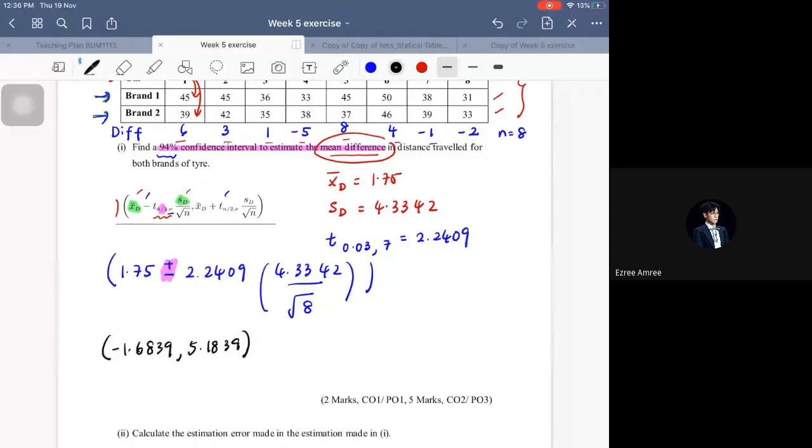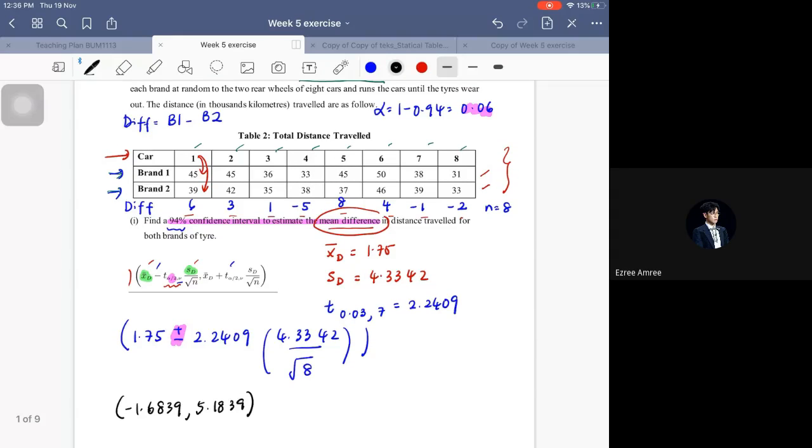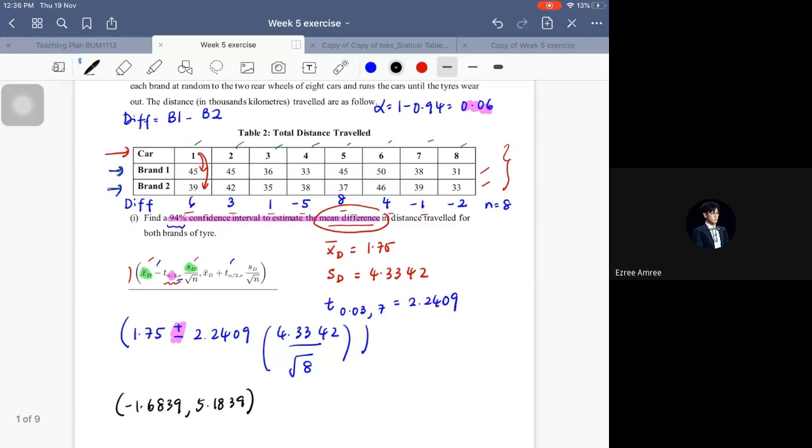Just to make sure that no one is slipping over here, I'm going to pick someone randomly, because I noticed that only the same people are talking here. I would like to know what the unit for this confidence interval is. So Isaac Farhan, can you tell me what the unit for my confidence interval is?